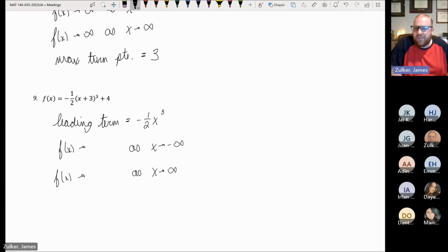You'd have to take that into account. So you'd cube that as well before multiplying it by the minus 1/2. So if it was 3, the leading term would be negative 3 cubed over 2 x cubed, which would be negative 27 halves x cubed.